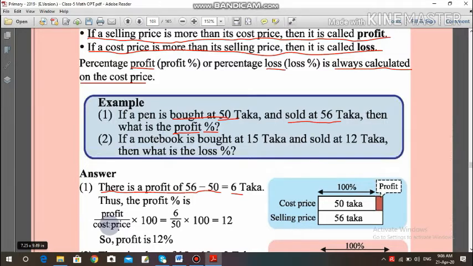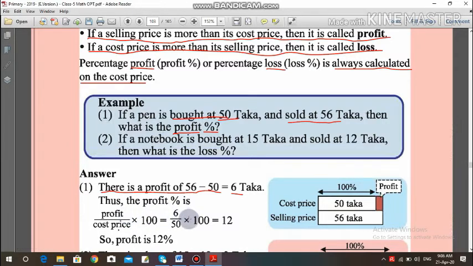That means cost price will be the denominator and profit will be the numerator, into 100. Thus we calculate its percentage.